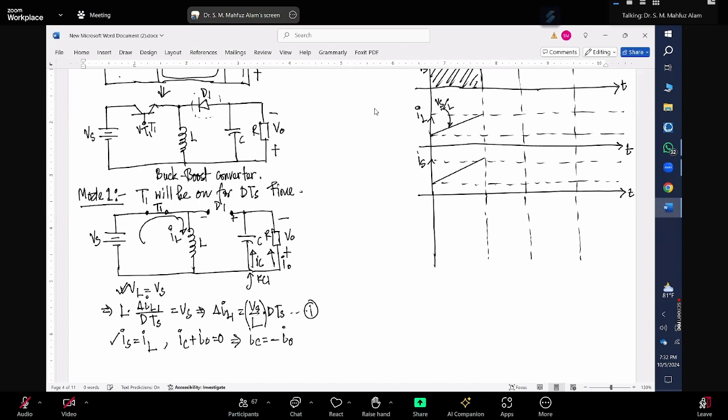And what should be your capacitor current? IC is minus of I naught.